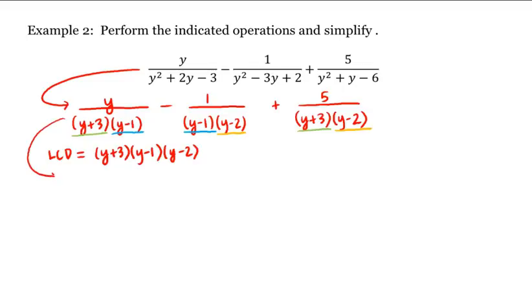And this will be equal to y divided by y plus 3 times y minus 1. And again, we're going to build up these rational expressions by multiplying both the numerator and denominator by what's missing from the LCD. In this first case, it's the y minus 2.